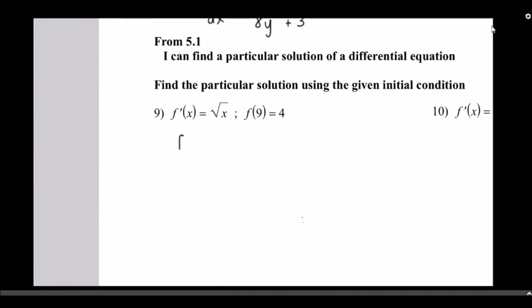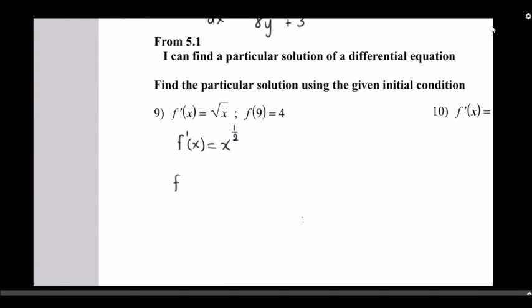So I'm going to rewrite it. F prime of x is equal to x to the 1/2. You have to integrate using exponents and not radicals. And now this is just an example of the power rule. We add 1 to the exponent and then divide by it.